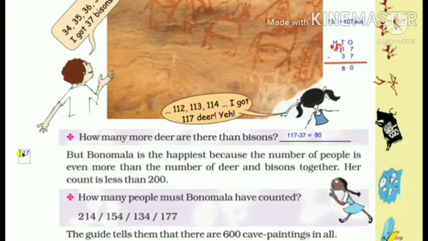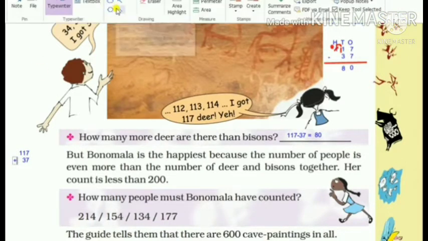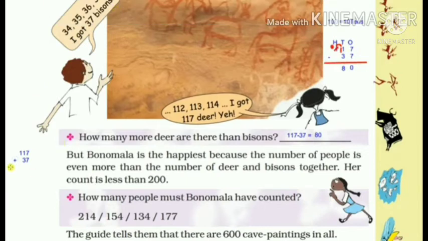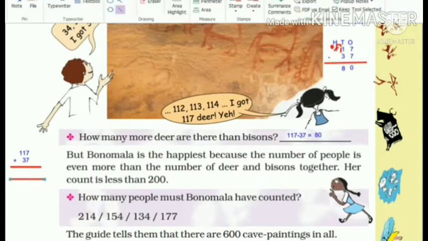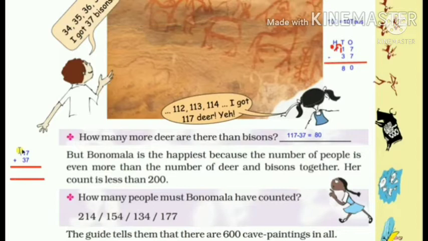So Bonamala is very happy because her answer is greater than the number of deers and number of bisons together. So, how many people must Bonamala have counted? How many? It is less than 200. But together deer and bisons count. So 117 plus 37. So what is the answer?